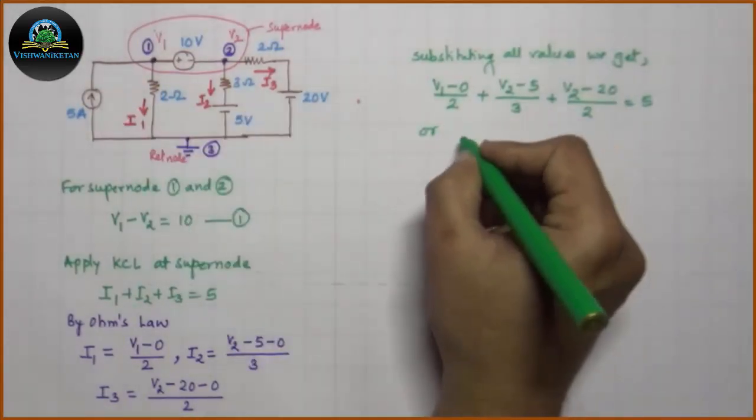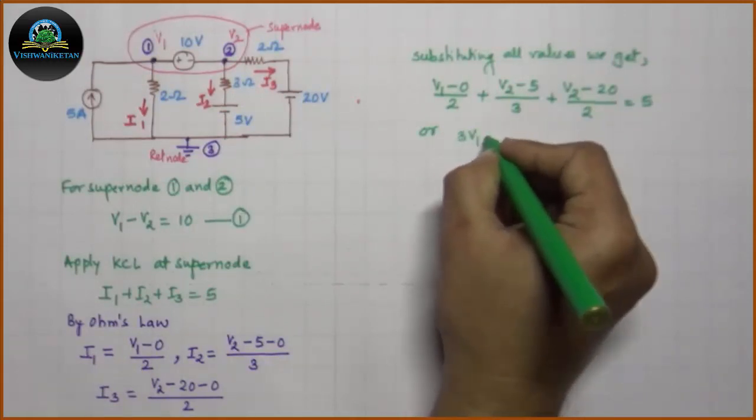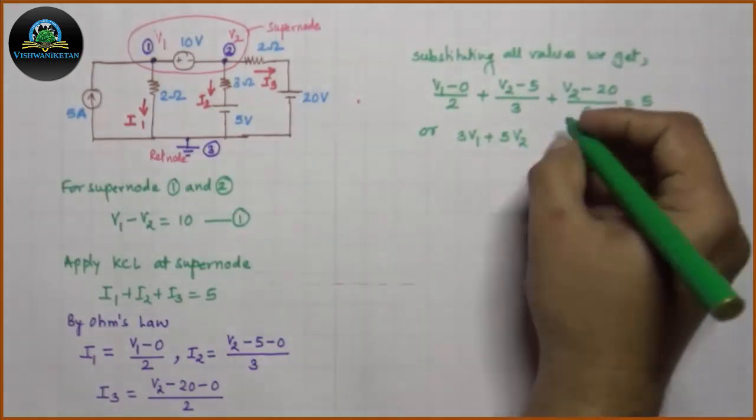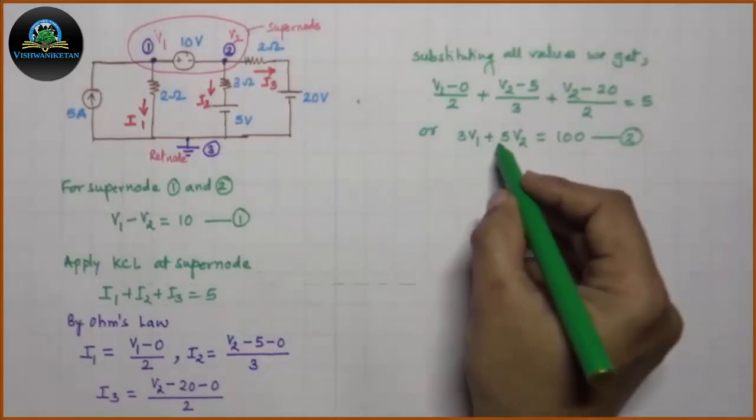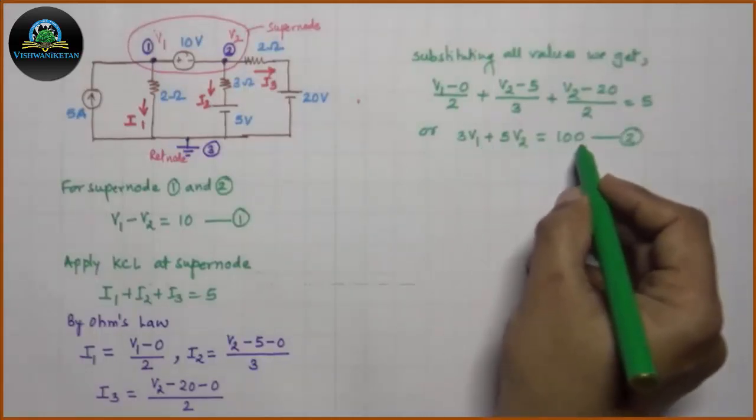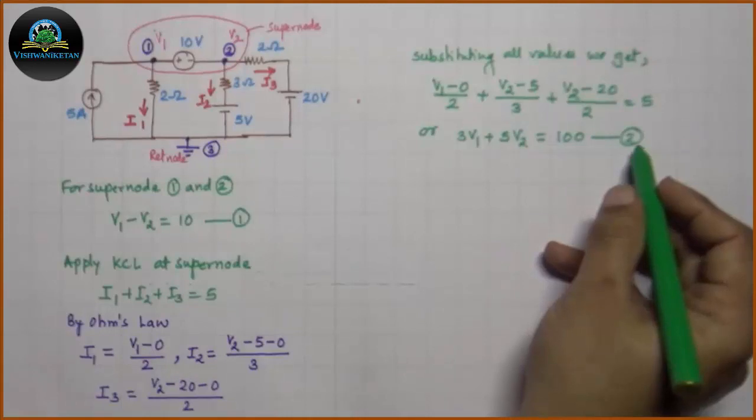After solving, we get 3V1 plus 5V2 is equal to 100, which is equation number 2.